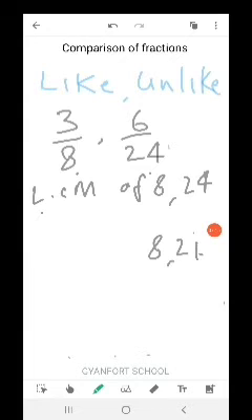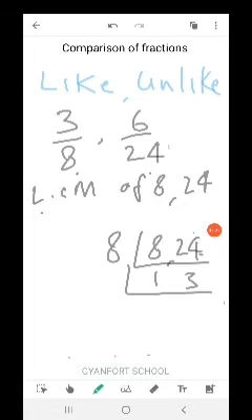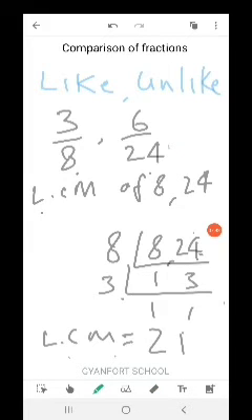We can do it by prime factorization or like this: 8 times 3 is 24. So what is the LCM, the least common multiple? It's 24. So we have to convert these fractions into equivalent fractions where the denominator is 24.